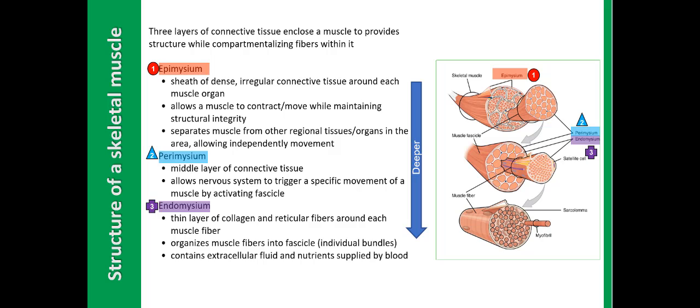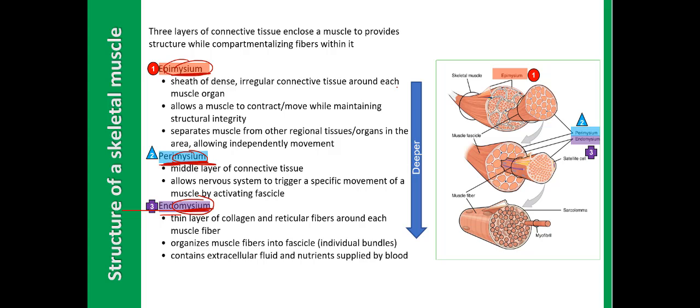So we're going to start off by looking at the layers of connective tissue that cover our skeletal muscle. So if you look over here, you've got epimysium, perimysium, and endomysium. So mysium refers to muscle. You have epimysium on the outside, perimysium in the middle, and endomysium on the inside, right?